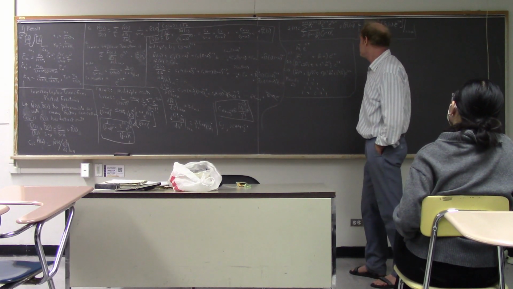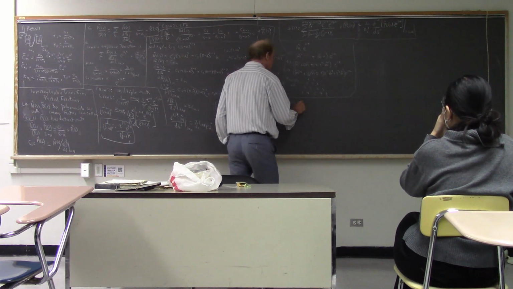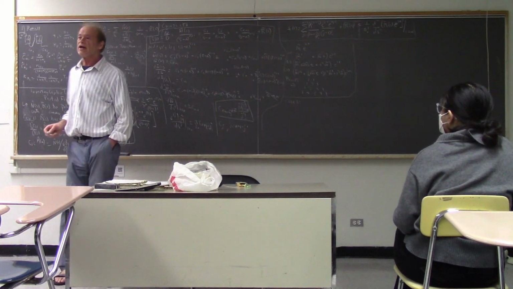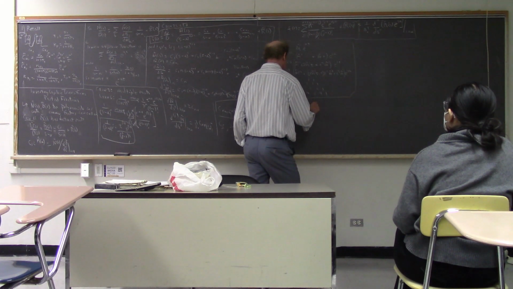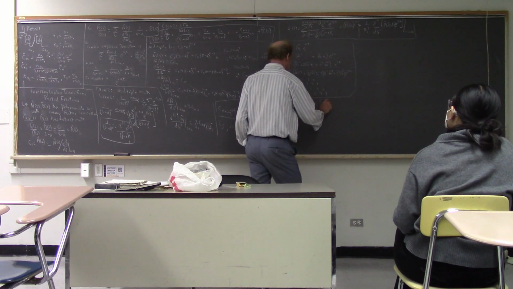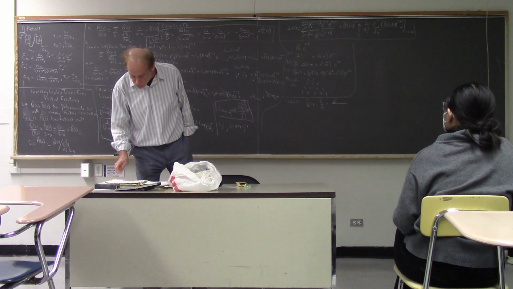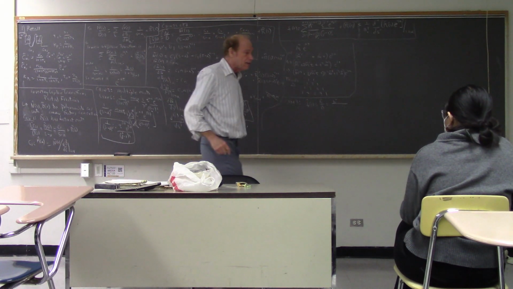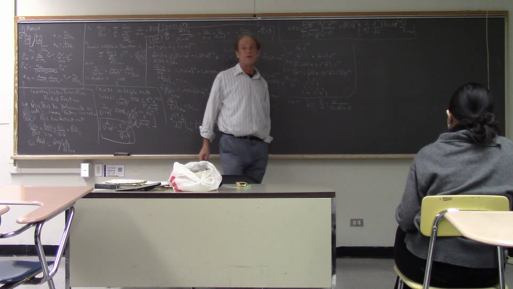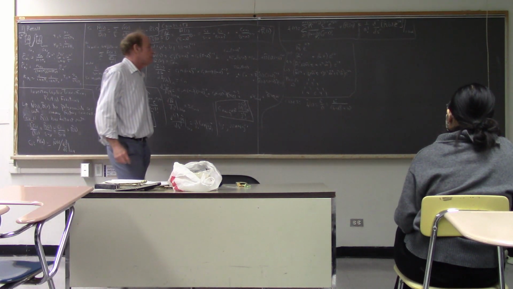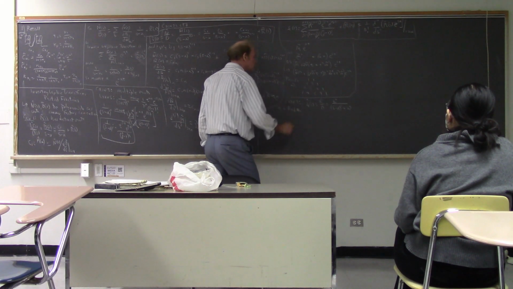Any other questions? Okay, so let's go on to case 3. Case 3 is where the roots are not real, where I could have something like f tilde of s, which is n tilde over d tilde, equal to n tilde divided by s minus alpha squared plus omega squared, where alpha and omega are real numbers.